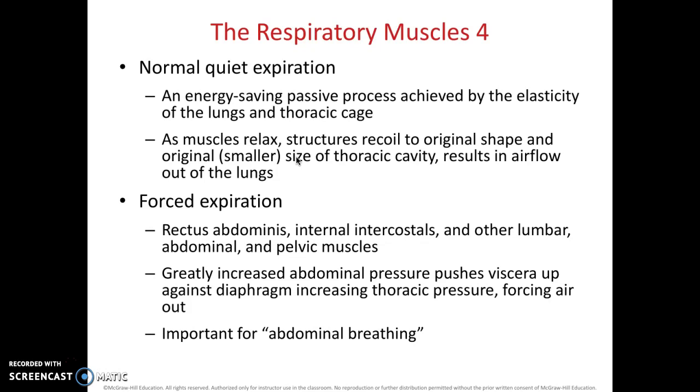In forced expiration, this is when those accessory muscles come into play. Again, these are the rectus abdominis, other lumbar, abdominal, and pelvic muscles, the erector spinae, things like that. And this increases abdominal pressure as it pushes the viscera up against the diaphragm, increasing the thoracic pressure, therefore forcing the air out. And this is important for abdominal breathing.